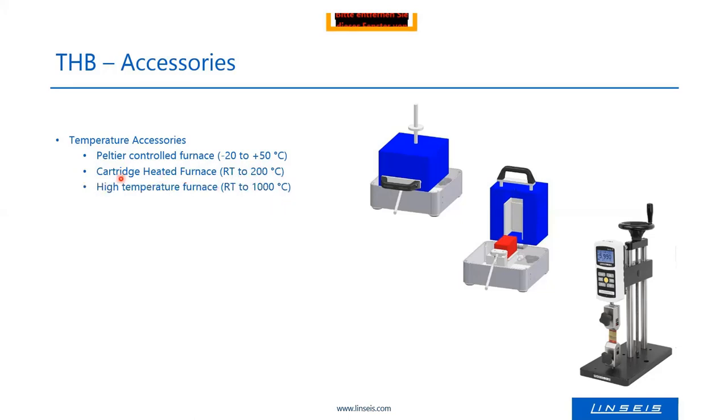And then we have also high temperature furnaces. We use the furnaces from our other equipment which we manufacture, like dilatometers or thermobalances. And the high temperature furnace can go up to 1000 degrees Celsius, but only 700 can be used right now because the ceramic sensors withstand only 700 degrees Celsius.